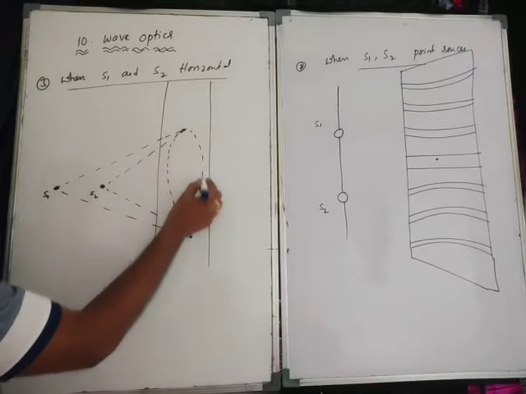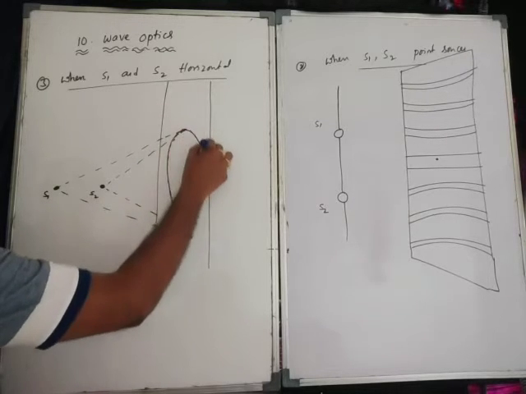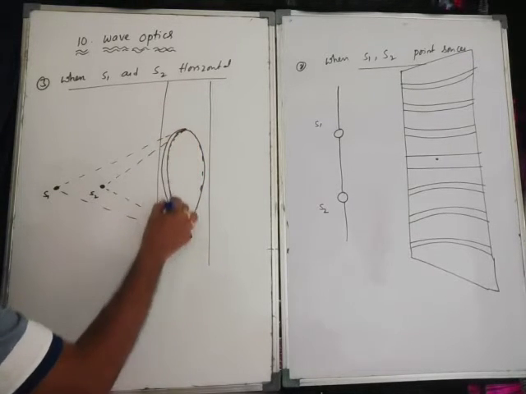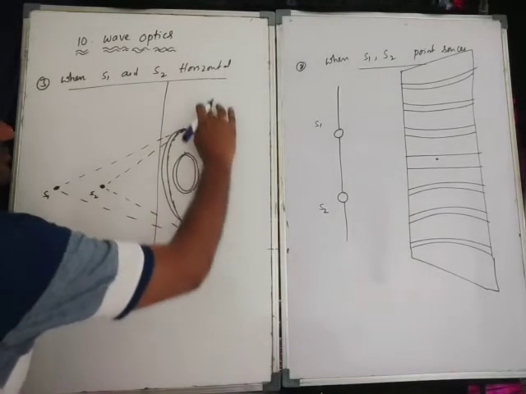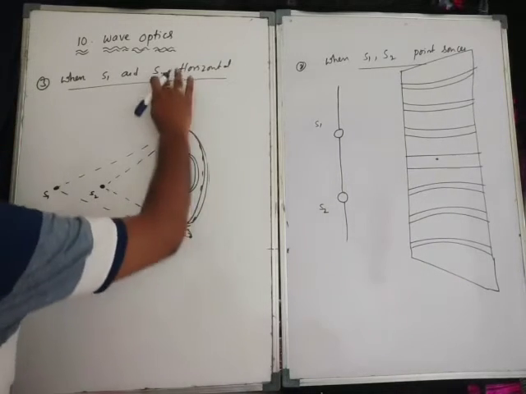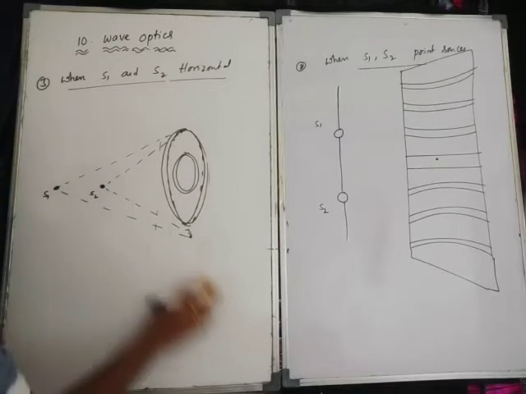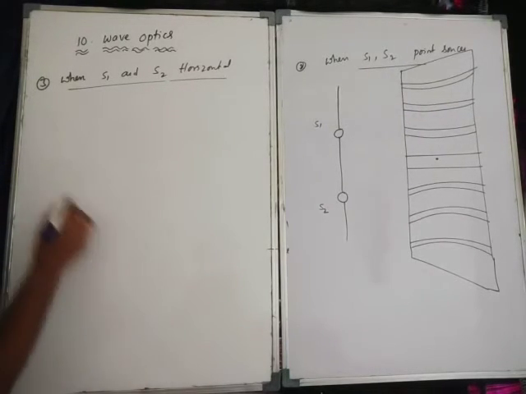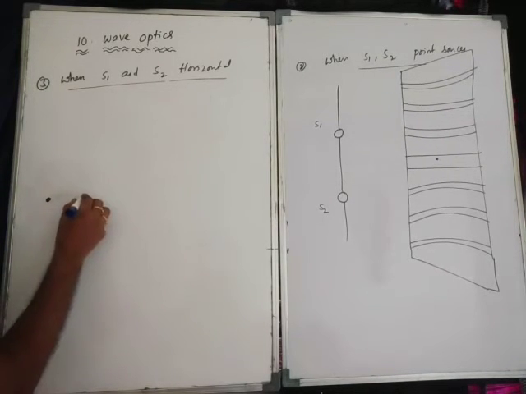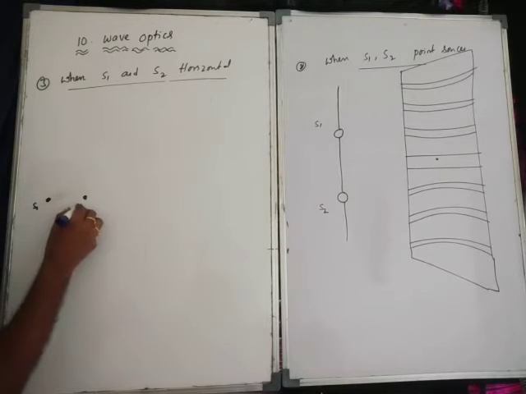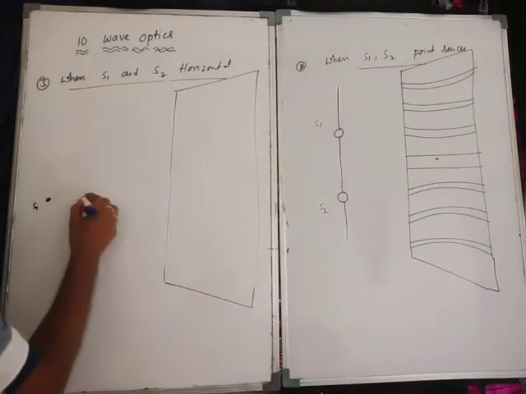So what happened here? Circular fringes can form on the screen. So this is S1 and S2, and here I will consider the screen in this manner.